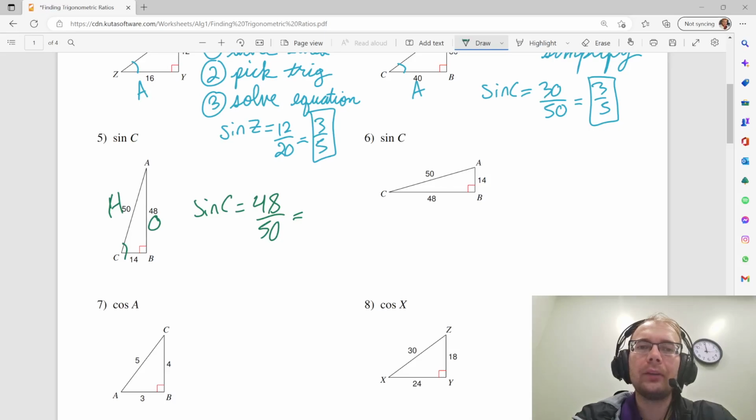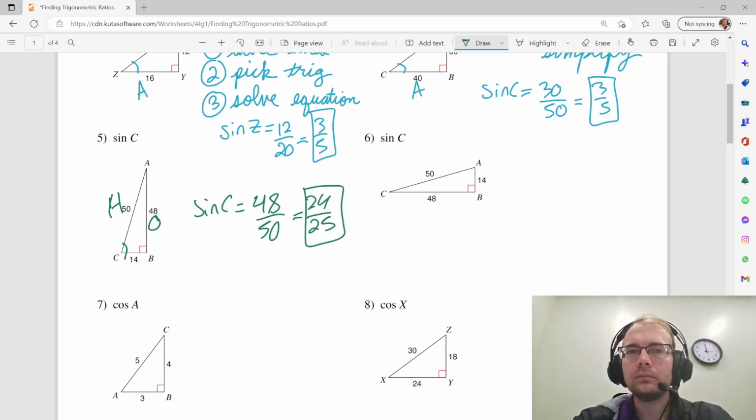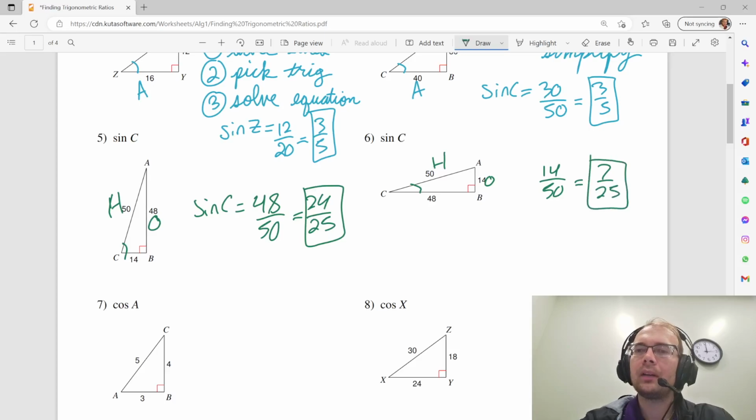Both of these divide by 2. That's 25, that's 24, and there we go. All right, sine C again. Here's C. Sine of C, so we want to do opposite over hypotenuse. Right? Both of those divide by 2, but that's about it, because then we get to 7.